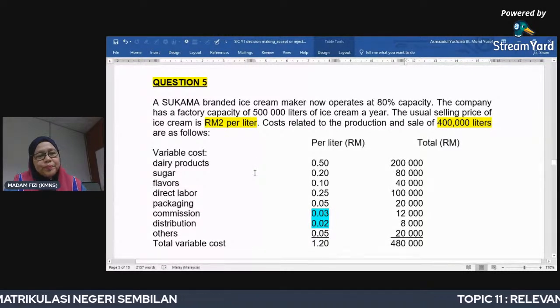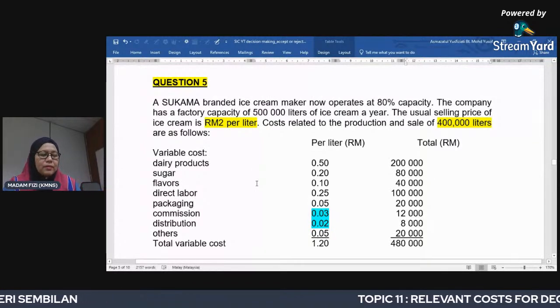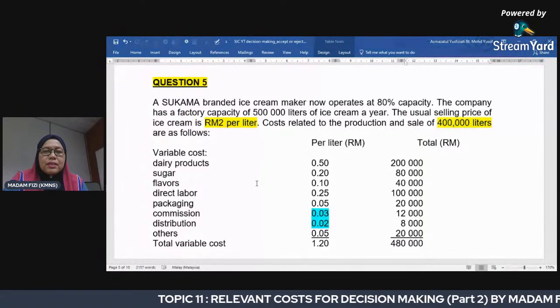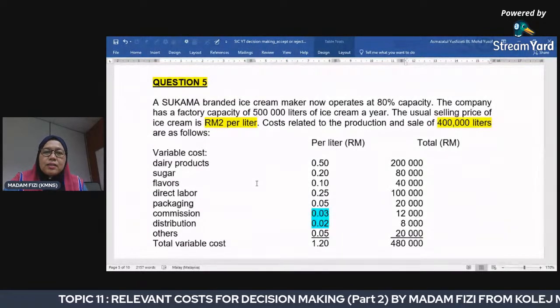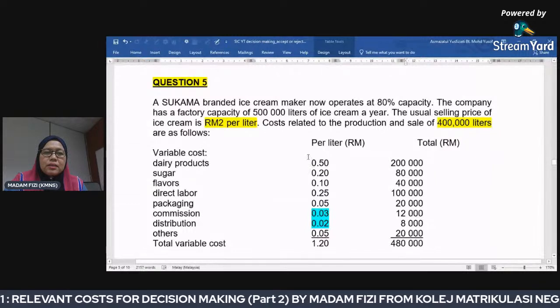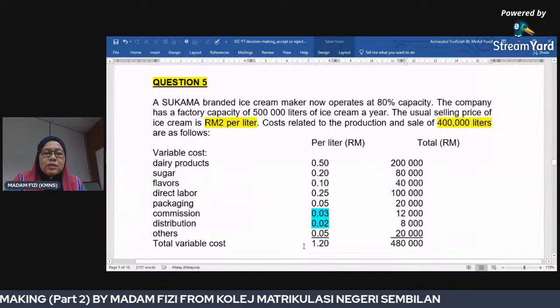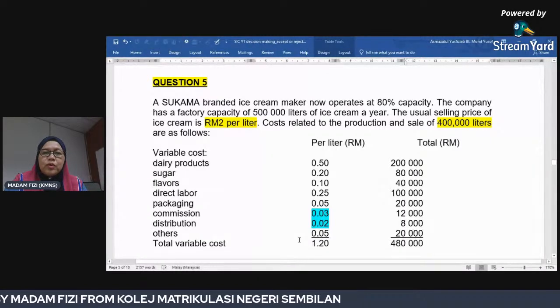Okay, so for the Sukama branded ice cream maker now operate, these are the variable costs for the ice cream maker.